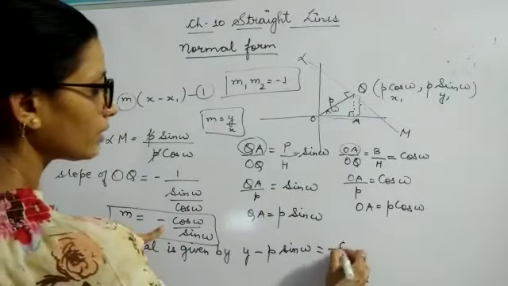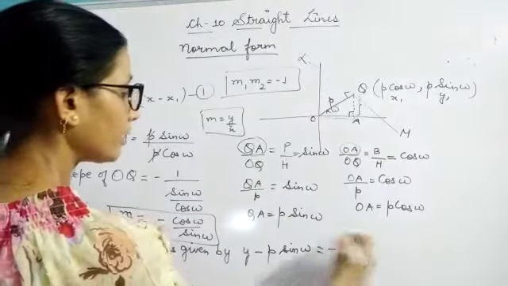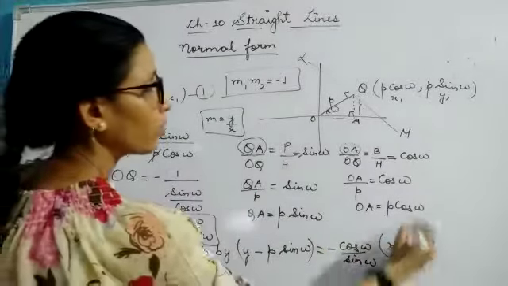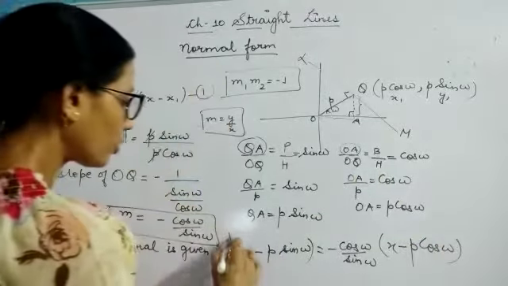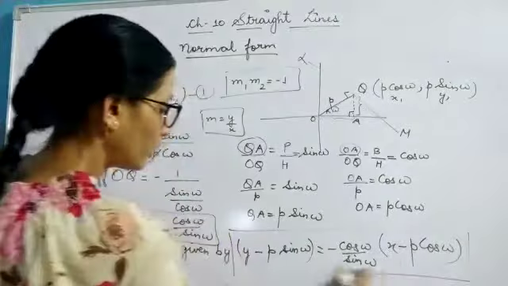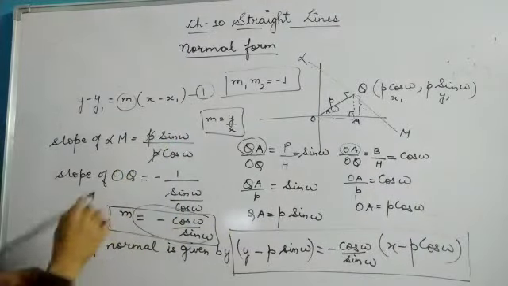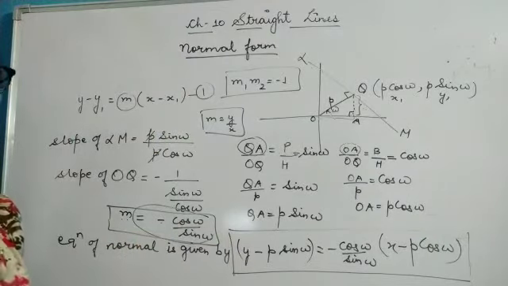This is minus cos omega upon sine omega. Here you will write x minus x1. And what is your x1? This is P cos omega. So this is your equation of normal, whose slope is minus cos omega upon sine omega.